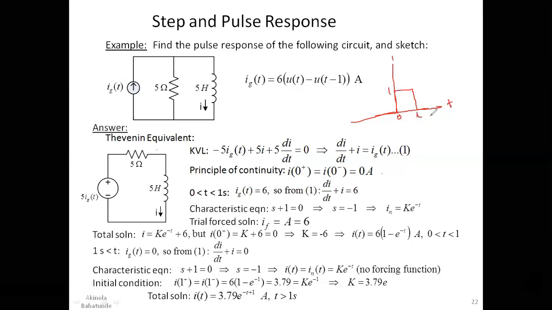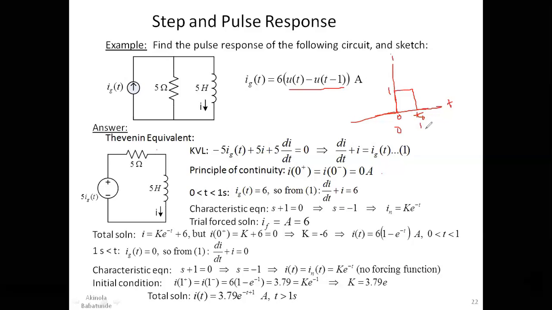This is for t greater than 0 and less than t naught, where t naught is 1 in this particular case. So anything greater than 1 simply means that our I will be 0.